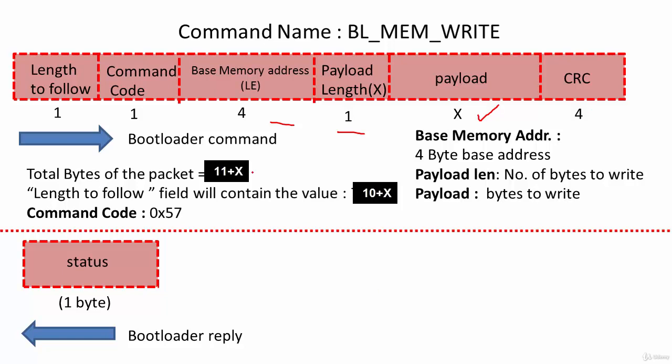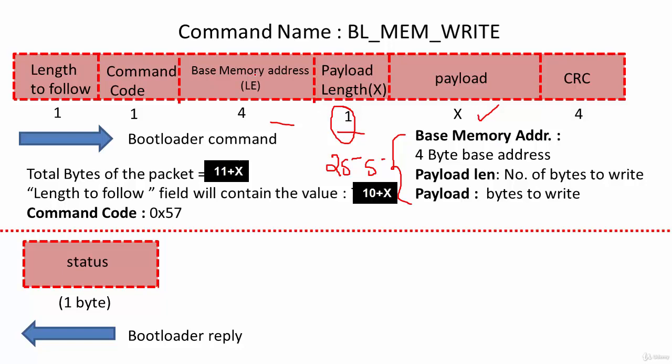Okay, so here the payload length field is 1 byte, isn't it? So that means the maximum value of this field will be 255, isn't it? So that's why the maximum bytes you can send in a payload field is 255 bytes. Alright, so here is a description.